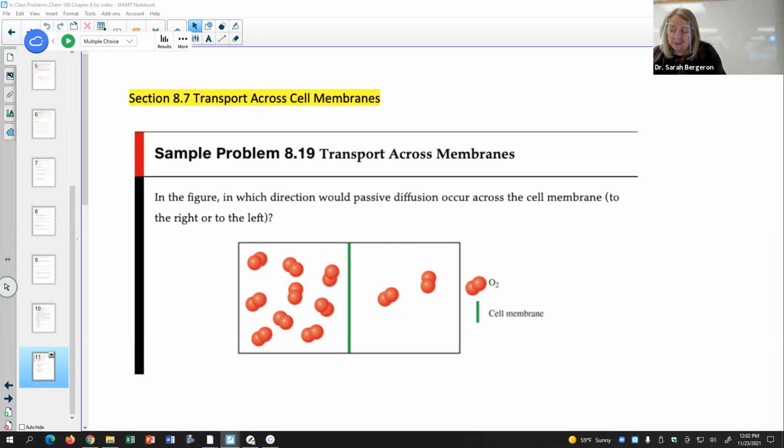So when we talk about molecules and their movement, right? They're always going to move according to diffusion from an area of high concentration to an area of low concentration. And that happens spontaneously, right? So just like if you're making a drink, and you have Crystal Light or whatever the liquid one is, you squeeze it into your water. Even if you don't shake it up, if you leave it there long enough, what's eventually going to happen?